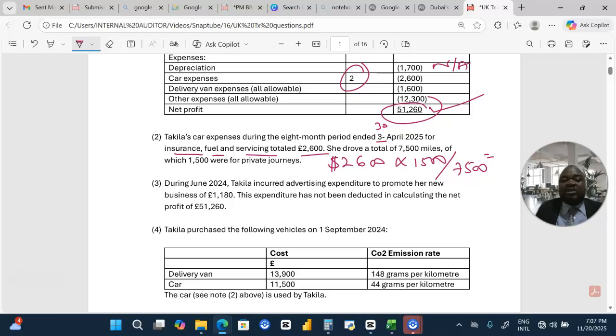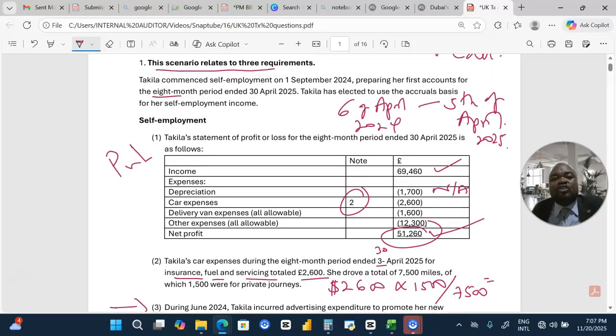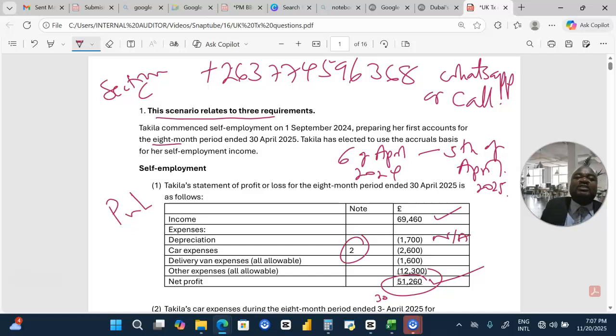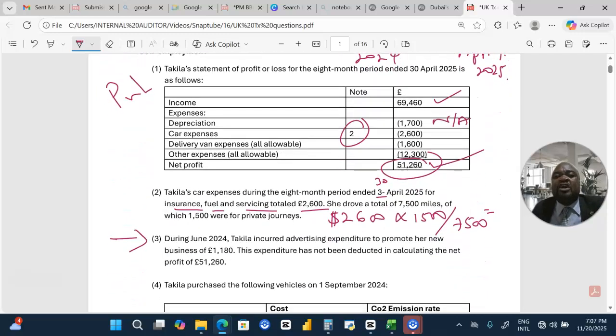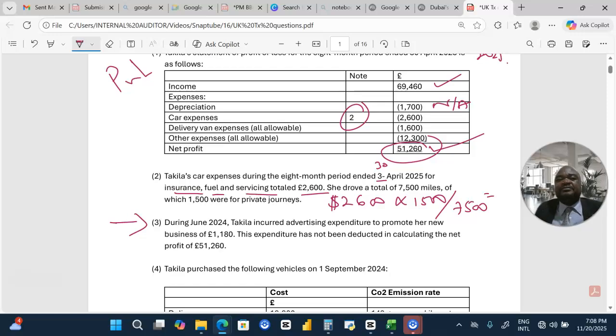During June 2024, Tequila incurred advertising expenditure to promote a new business of 1,108. So we are told that during June, this lady incurred some expenses, but remember, we are told in the introduction that she commenced business on the 1st of September. So the June advertising expenses were pre-operation expenses.